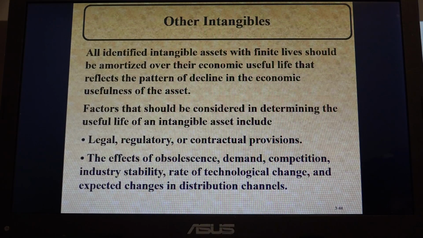And so all identifiable intangible assets with finite lives should be amortized over their useful life. And again, there's some factors that should be considered in determining the useful life of an intangible asset.